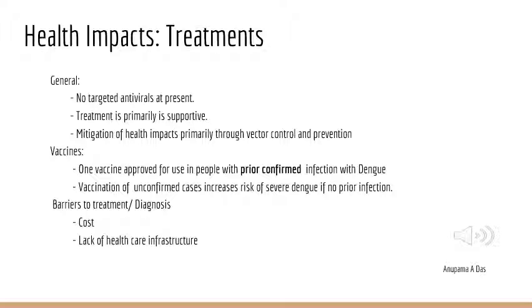Vaccination of unconfirmed cases is not approved because this increases the risk of severe dengue. Barriers to both supportive treatment and diagnosis of people with dengue center mainly around the cost and also the lack of healthcare infrastructure in many of the areas where dengue is most prevalent.